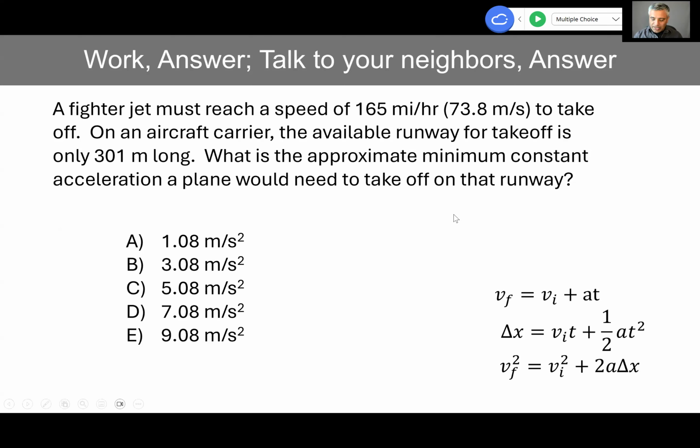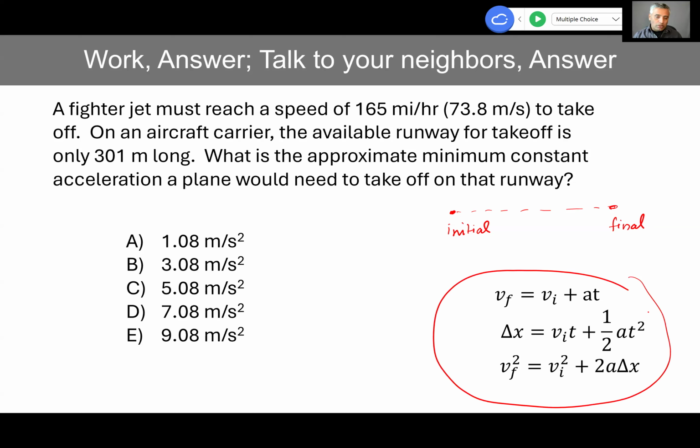So what's the situation here? There is a runway, and a jet starts from somewhere and takes off somewhere there. So there's going to be an initial point where it starts and a final point. That's the sketch of the situation. So what are the things you know in this problem? That's what you want to see.